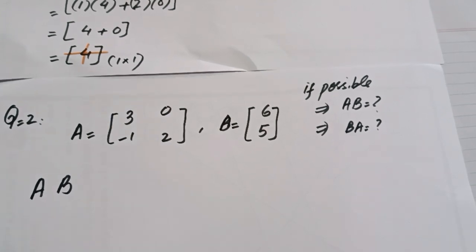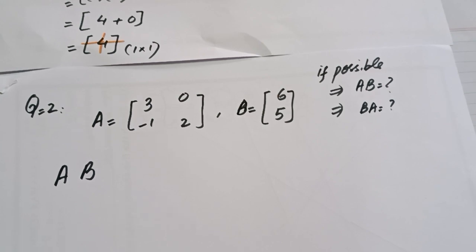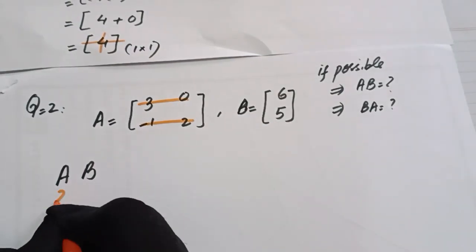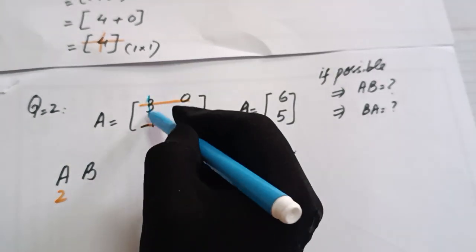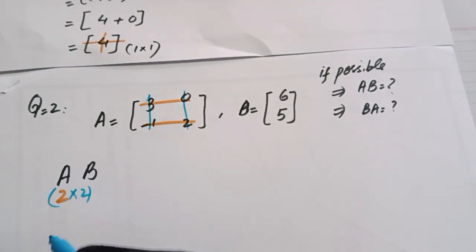I'm going to write over here: the A matrix has 2 rows and 2 columns. That is the order.